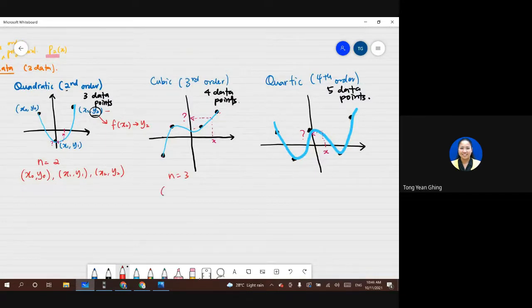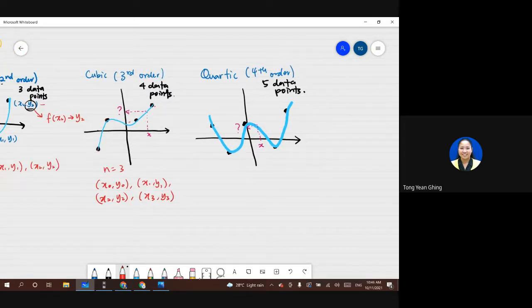So we will have x naught, y naught, x1, y1, x2, y2, x3, y3. If we have five data points, that means n is equal to 4, so we will have x naught, y naught until x4, y4.